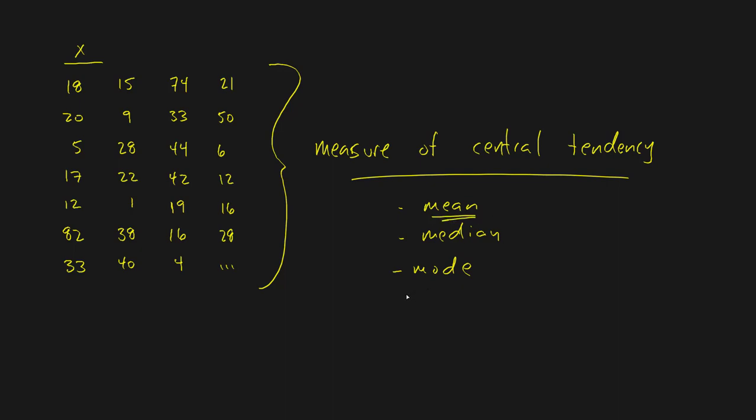Now the mean is probably, well actually, the mean is definitely the most important measure of central tendency that you're going to come across in this course. You're going to find that the mean is used far more often than the median or the mode in the upcoming chapters, all the way through to your final exam.